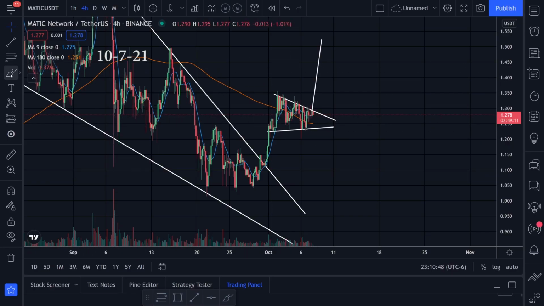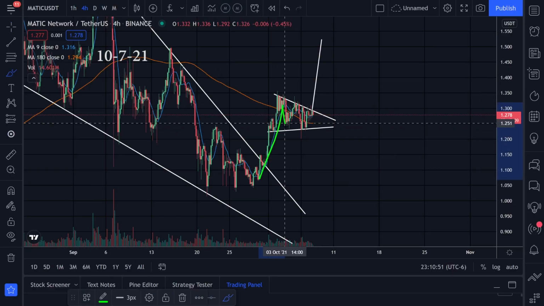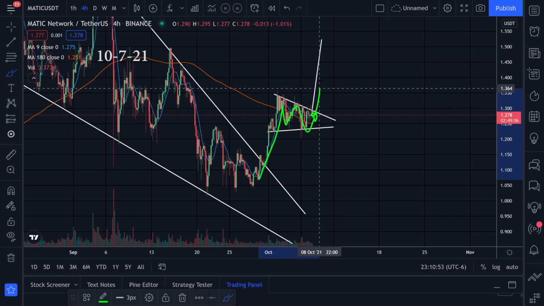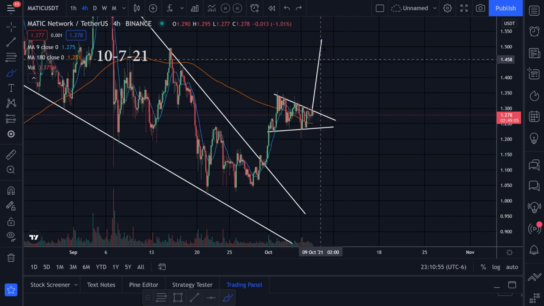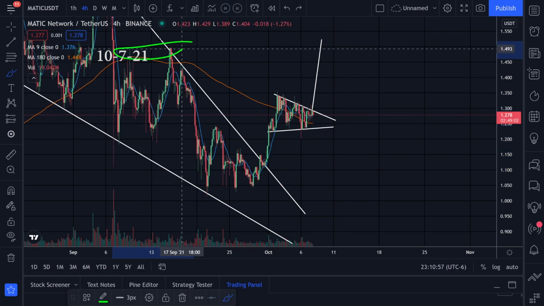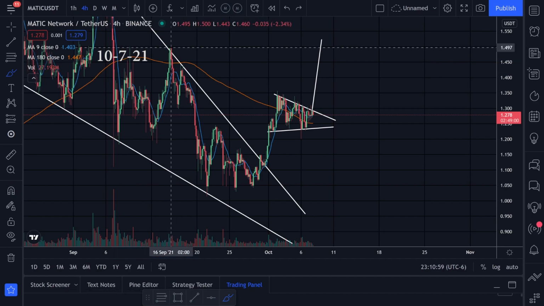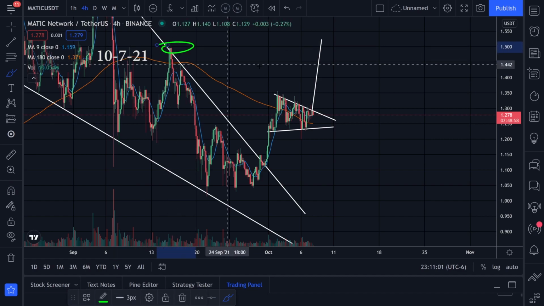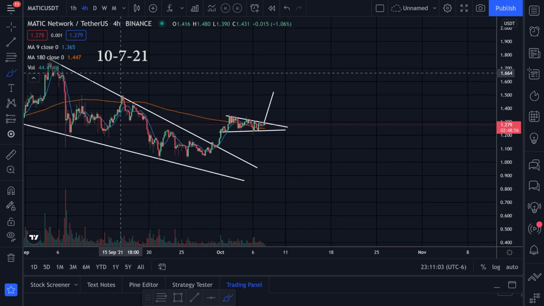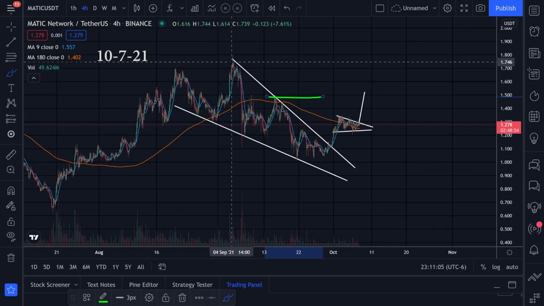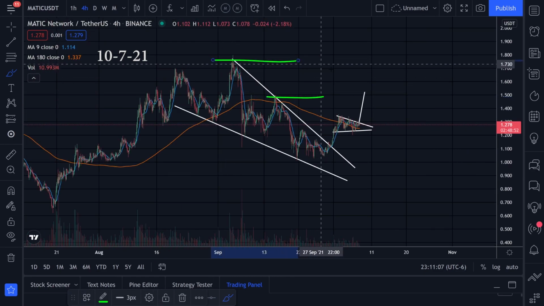So if we jump back to the Polygon chart, let's keep an eye on this bull flag, something like this. Let's see if we could break to the upside and start targeting this previous resistance zone right here at around 0.50, somewhere around there approximately. After that, if we could break through this, then we'll have to be targeting around 174, maybe something like that.